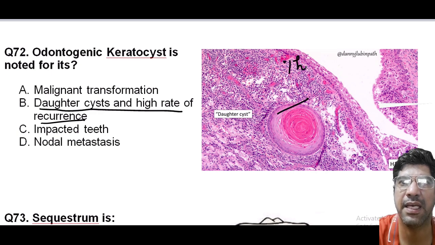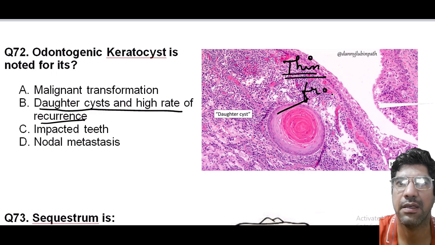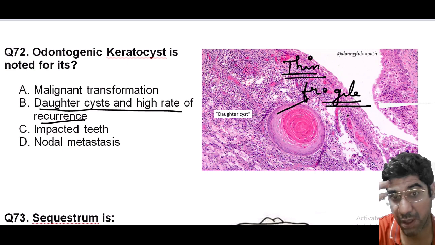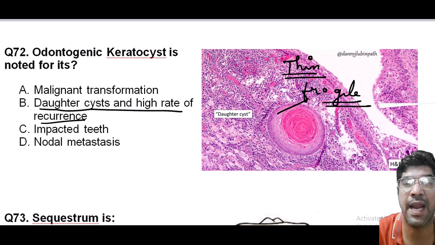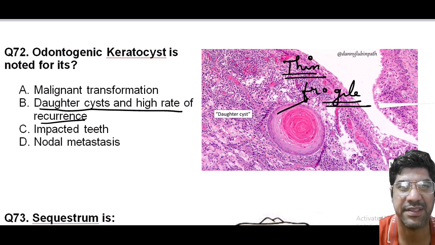Remember the thin and fragile lining of the cyst can make it more prone to rupture and more prone to recurrence.